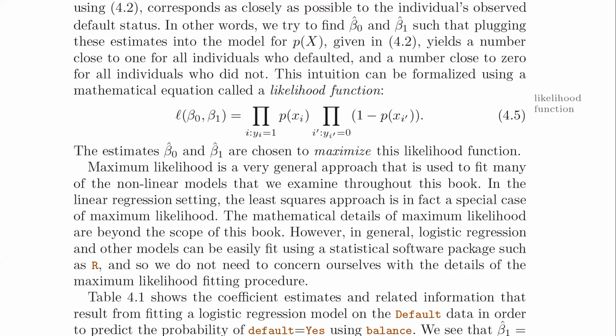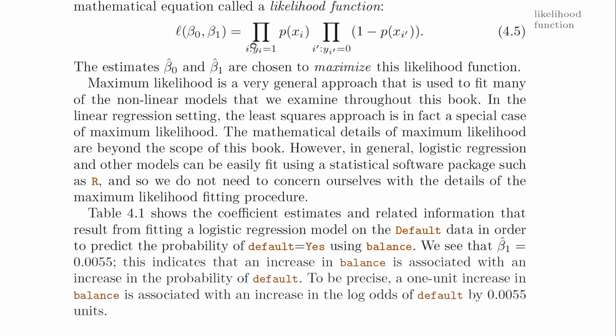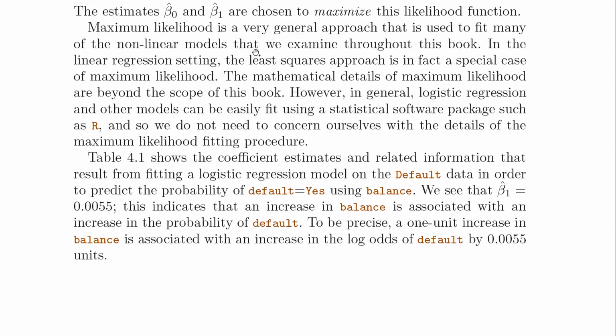Just as in the previous chapter, we start with the simplest case with a single predictor variable. This was balance, credit card balance. So one predictor variable means that we need to estimate these two, your beta naught hat, your beta 1 hat, and their values are just real numbers. Could be positive, could be negative, could be 0.